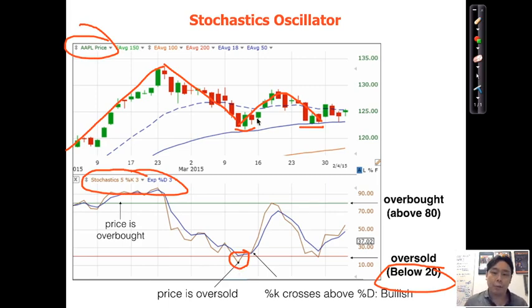So that's the best time to actually buy. Over here you can see that it retraced again back to the moving average, but stochastics was not really below 20, so this was not overstretched enough. This would have been a better entry for a long.